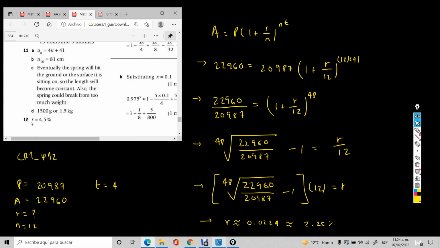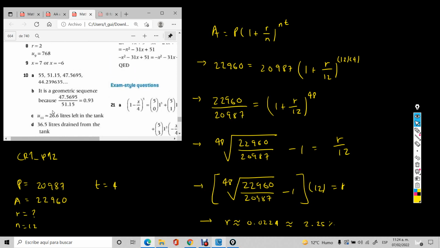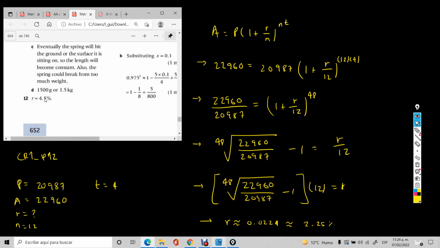In here, they actually, I don't know for what reason, I mean, there are many errors in the book, guys. I think this is also another mistake. They give us an R of 4.5%, which is actually twice this, if you notice. I don't know why they did this. I don't know how they obtained this solution. As far as I know, I'm doing everything correctly, and this should be the answer.